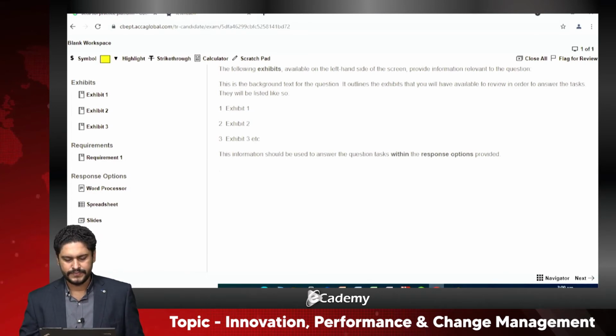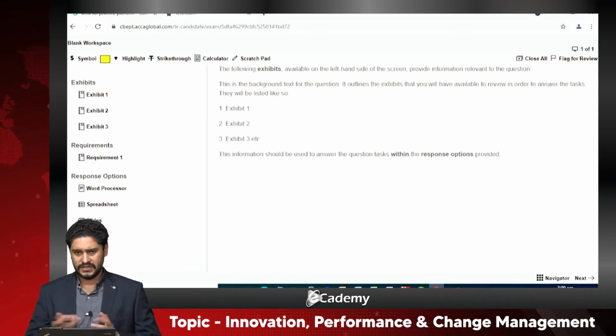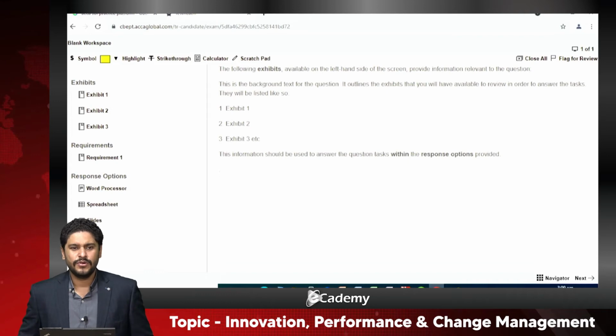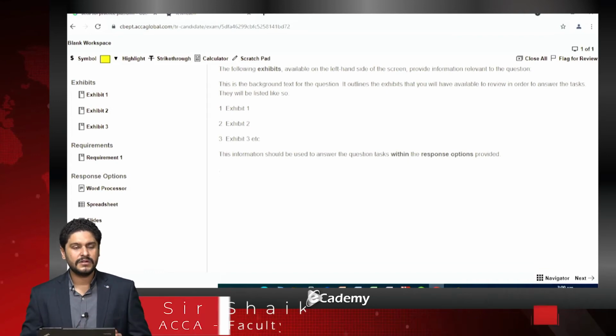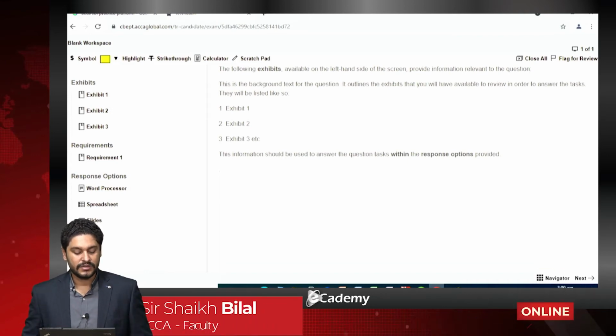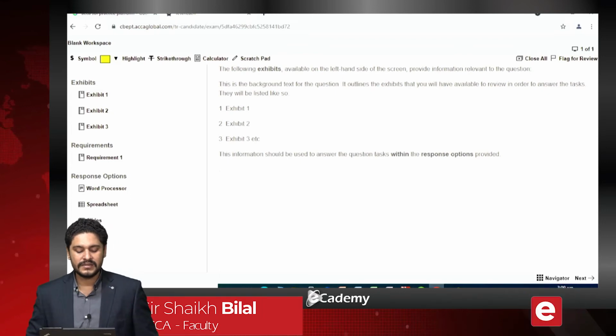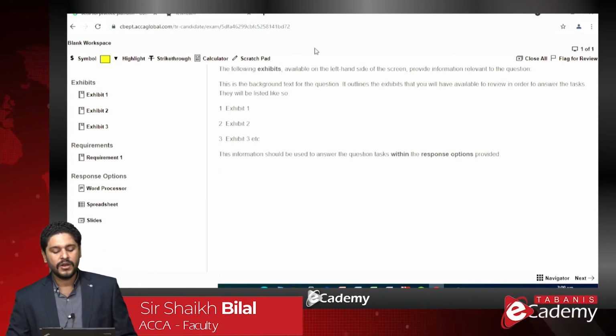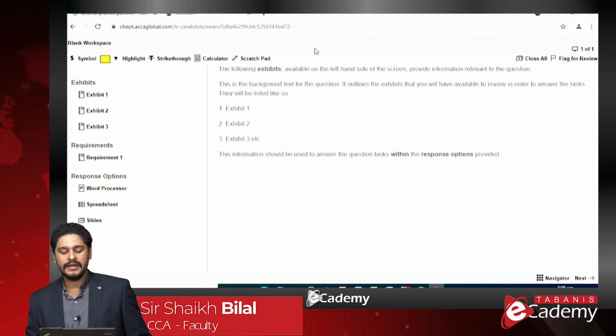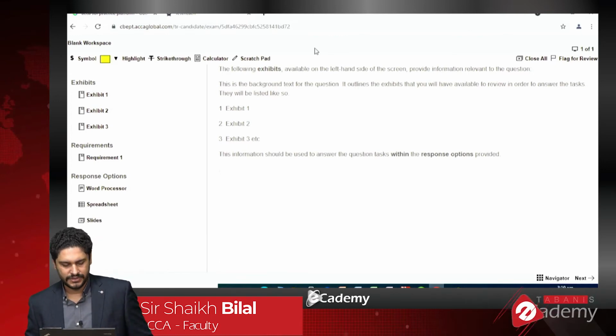So I guess the previous question I had written with my stylus, but now I have decided to go through the blank workplace so that we can get into it. So obviously there are certain exhibits that are being given to you. The following exhibits are available on the left hand side of the screen, provide information relevant to the question.